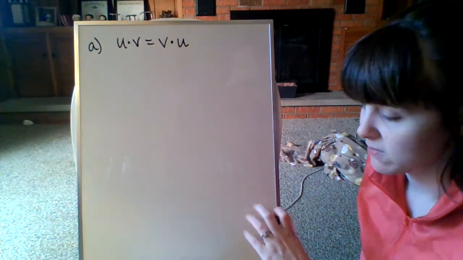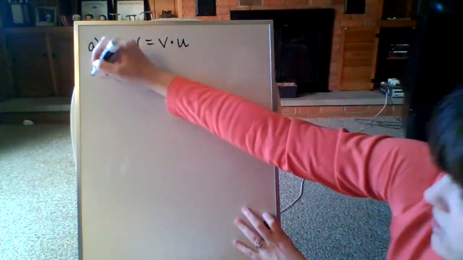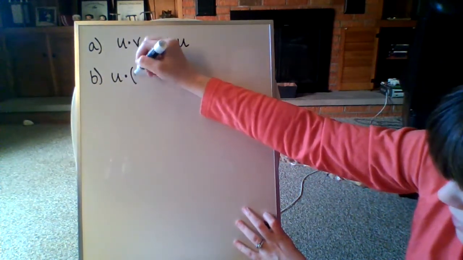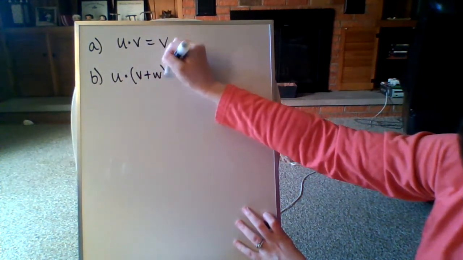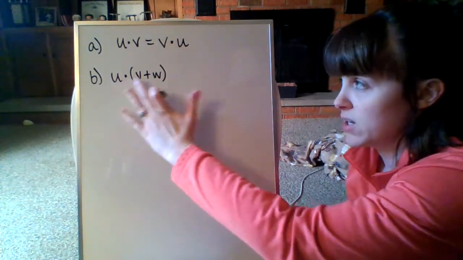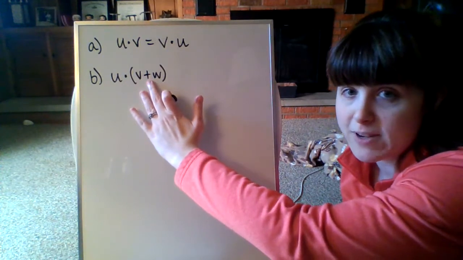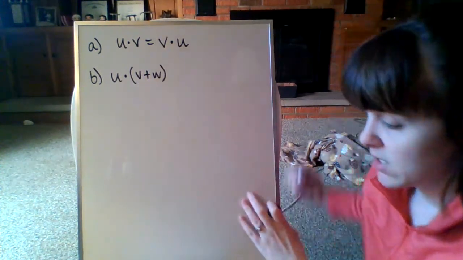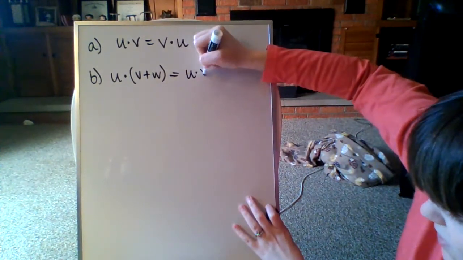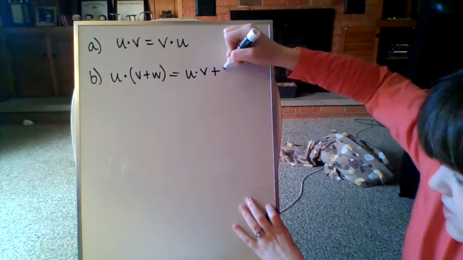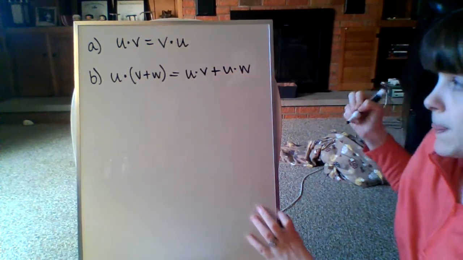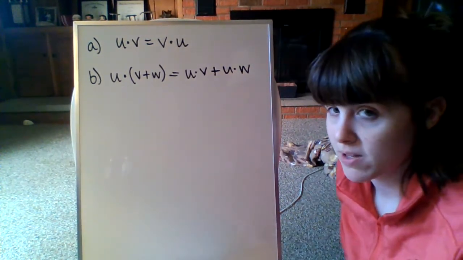The second one: the dot product of u with the sum of vectors v and w equals u dot v plus u dot w. That's the distributive property.